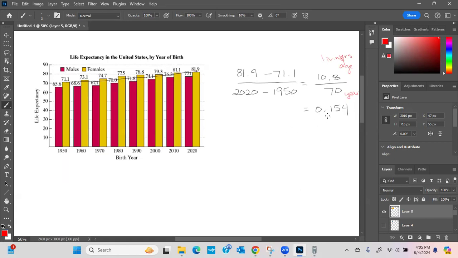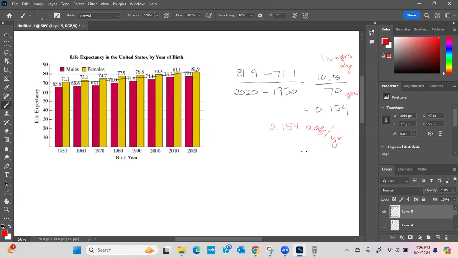So we're expecting to go up 0.154 years. And again, that's life years, age. Maybe we should do age per year. So every year after 2020, or in the middle, we should add 0.154 years to your life expectancy.